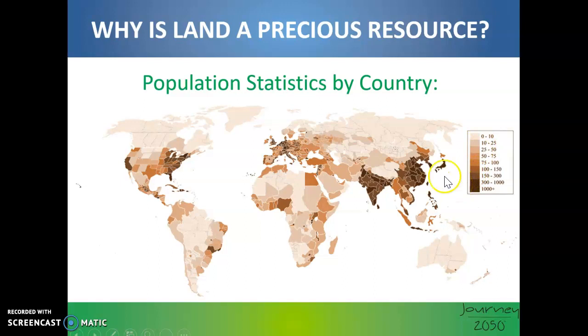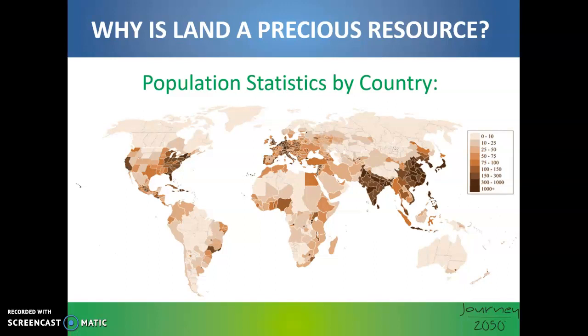So if you look at this, population is very centralized here on the planet Earth. So countries like China, very dark, India, very dark, portions of Europe have that very dark, very high population density, portions of the United States even, the East Coast here, and the West Coast, California, very, very high population density.